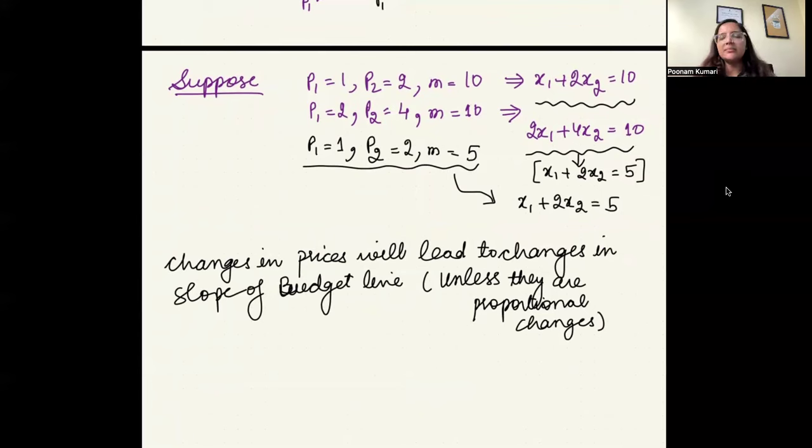So income is changing, prices are changing, so there will be a shift and changes in slope too. What the final result will be is something we cannot comment on right now. But we know how to draw the line equation on a graph. We know the horizontal intercept, the vertical intercept, and the slope. So we will be able to do that. Is that all right? Yes, ma'am. Perfect. All right.